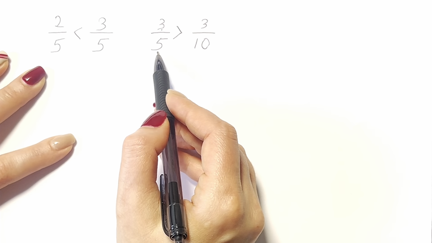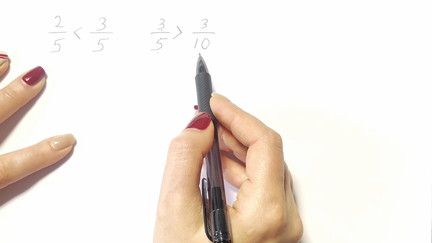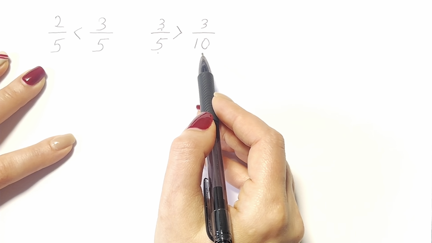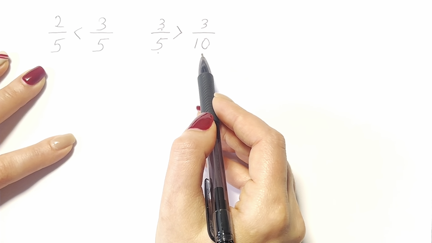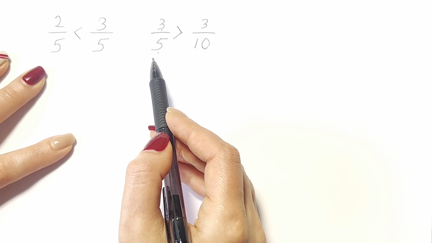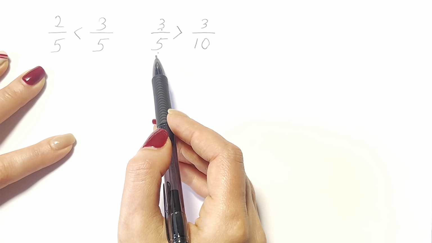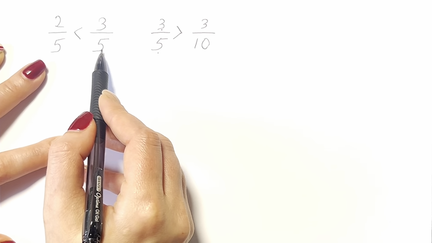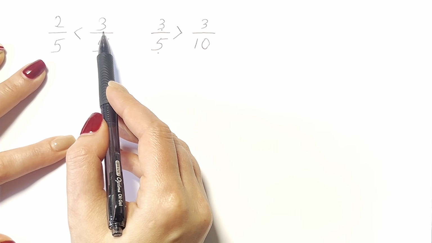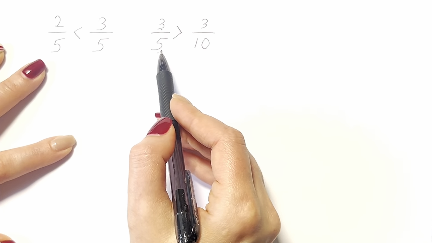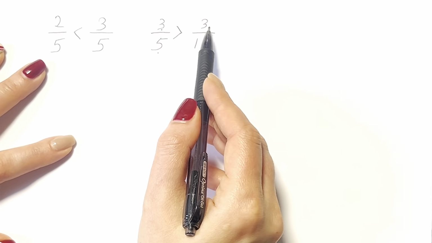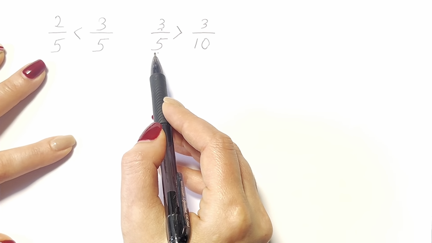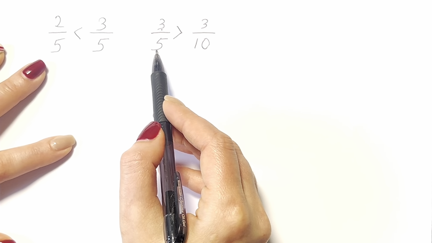But when I'm cutting the pizza into 5 pieces, they're bigger pieces, then when I cut the pizza into 10 pieces, the size of the pieces is smaller. So the amount that I eat in this situation is gonna be more. So what happens? If the denominator is the same, the fraction with the bigger numerator is bigger. When the numerator is the same, the fraction with the smaller denominator is bigger.